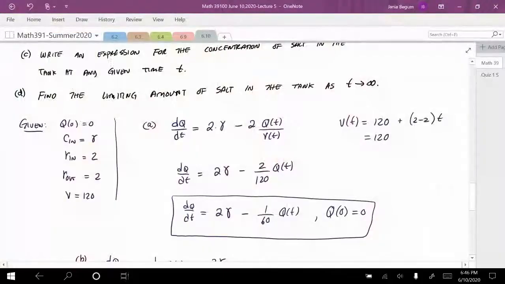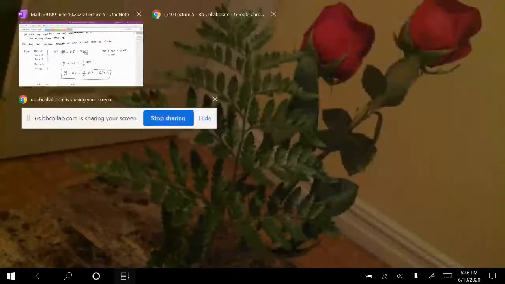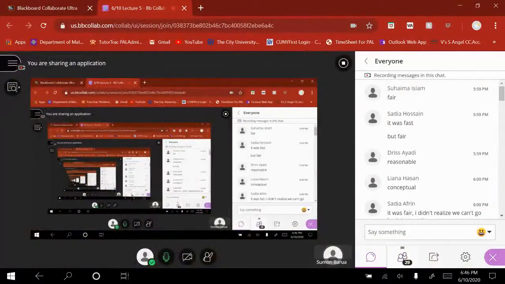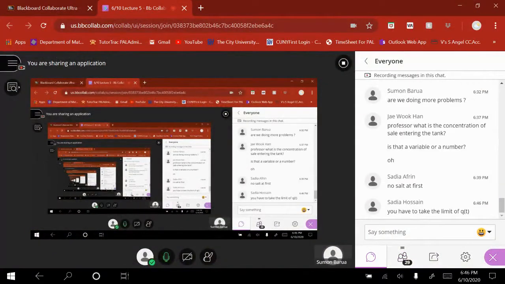How do we approach this part of this question? So we want to find the limiting amount of salt in the tank as t goes to infinity. So what does that mean? So right, Sadia H says we have to take the limit of Q of t, because that represents the amount of salt in the tank, as t goes to infinity.